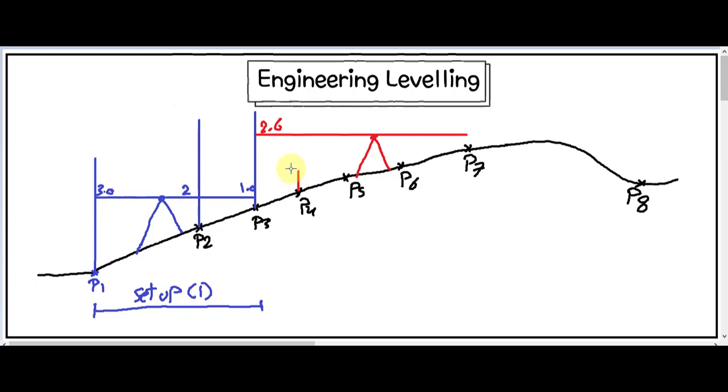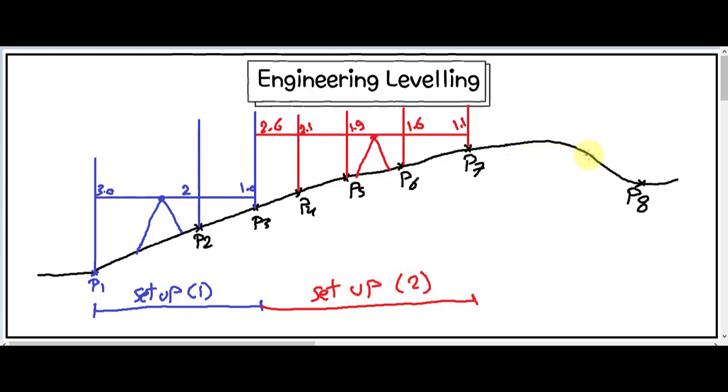Then we will take readings at the following points: point 4, point 5, point 6, and point 7. Say point 4 was 2.1, point 5 was 1.9, point 6 was 1.6, and point 7 was 1.1. All those readings were taken by the second device setup, so we call it setup 2.